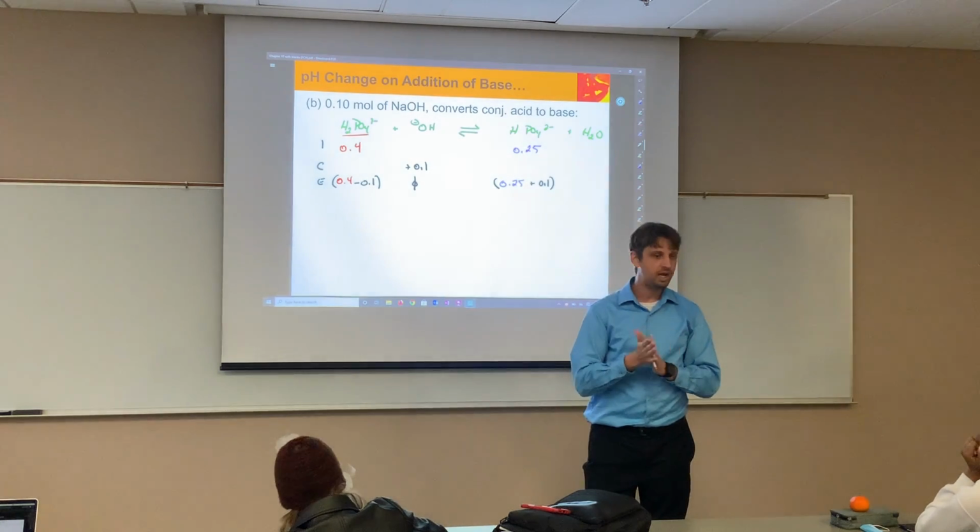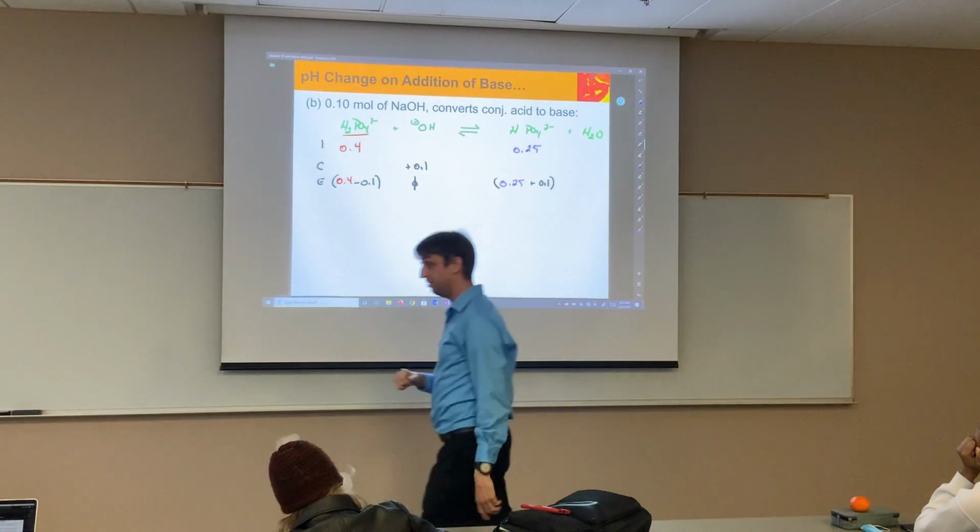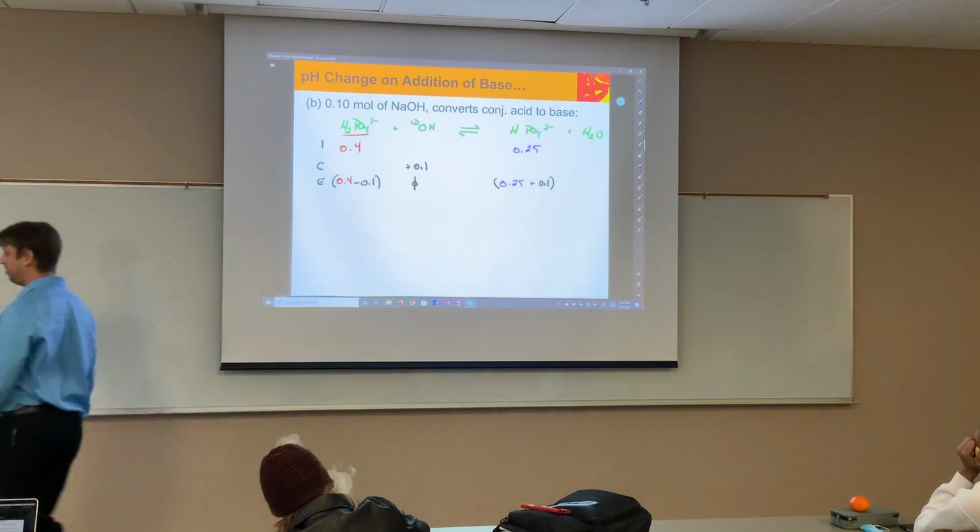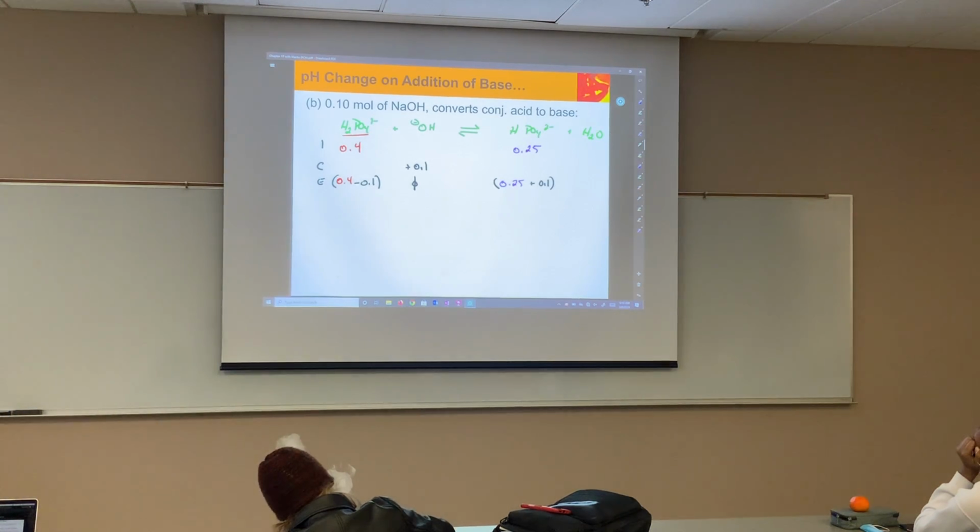Right? Remember, we're in the aqueous solution. For all practical purposes, the water concentration is not going to change. All right. So here is our acid, right? Here is our base. Okay.